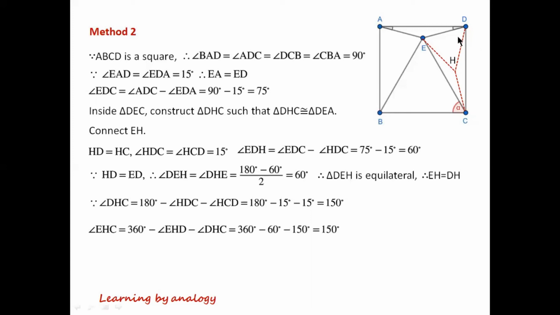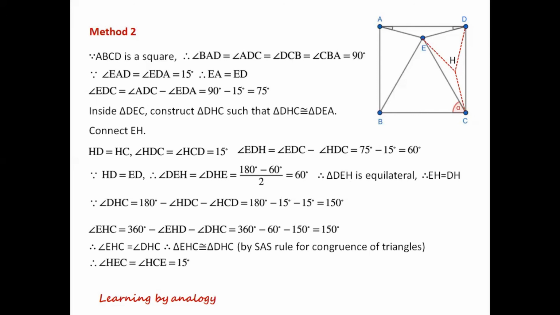Angle EHC equals 360 degrees minus angle EHD minus angle DHC equals 360 degrees minus 60 degrees minus 150 degrees equals 150 degrees. So angle EHC equals angle DHC. So triangle EHC is congruent to triangle DHC by the SAS rule for congruence of triangles.